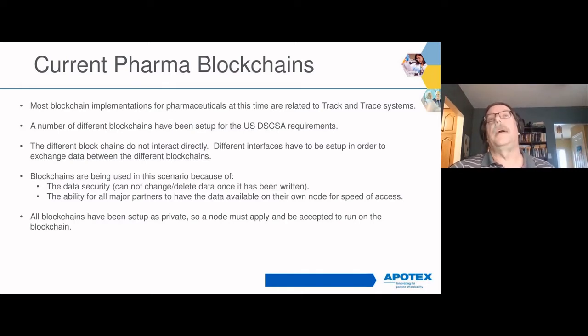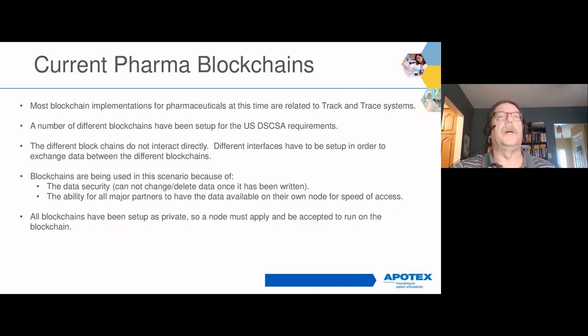They do not have to go out over the internet and lose the speed. All of the wholesalers are saying that when they want to verify a product for US serialization, they want to be able to get that verification happening within a second of scanning the barcode.